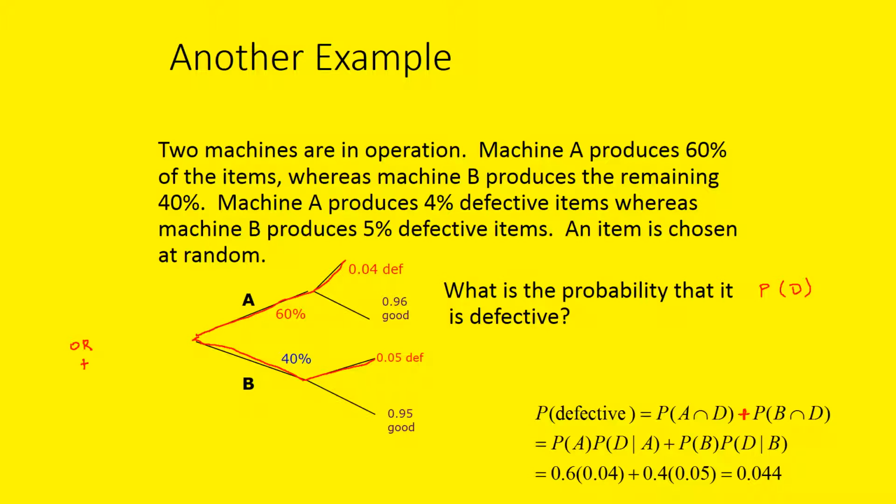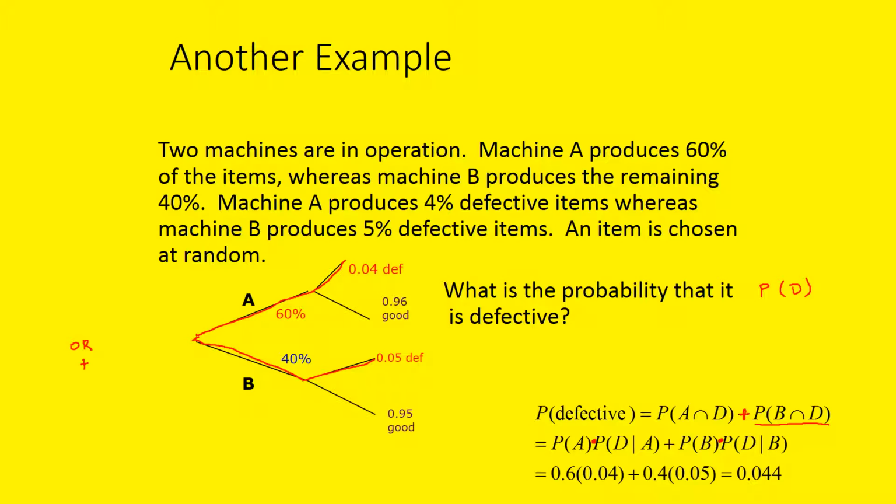Now, product rule, okay, multiplication rule, probability A and D is the probability of A times the probability of D given A. And we know those probabilities. This one, probability of B and D, is probability of B times probability of D given B. Probability of A, well, A is used 60% of the time.